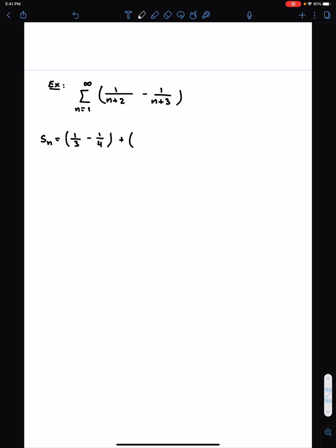When n is 2, 1 over 4 minus 1 over 5. When n is 3, 1/5 minus 1/6. When n is 4, 1/6 minus 1/7.